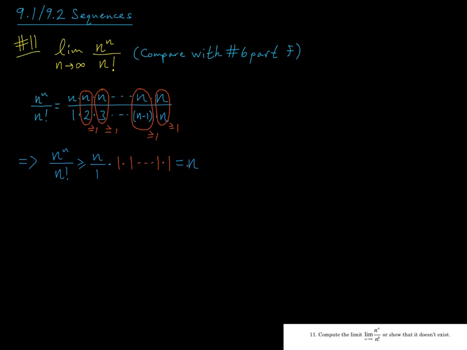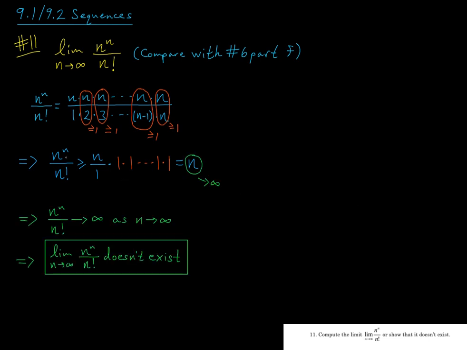Okay, so now what does this thing on the right simplify to? Well, it simplifies just to n, and we're letting n approach infinity. So from there we conclude the following: our quantity, n to the nth power divided by n factorial, is greater than or equal to something that's blowing up. It's greater than or equal to n, and n is approaching infinity.